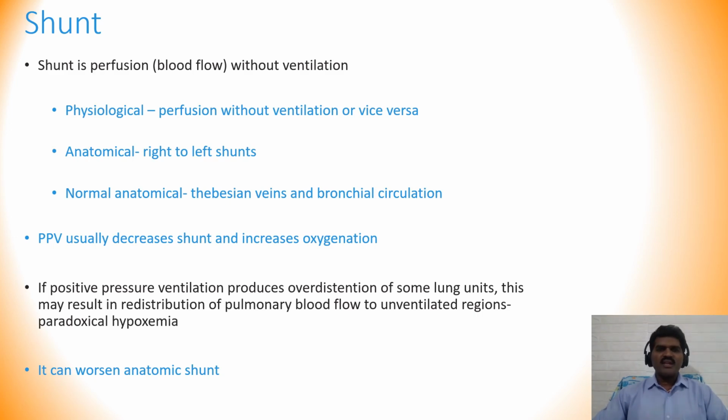If positive pressure ventilation produces overdistension of some lung units, this may result in redistribution of pulmonary blood flow to the unventilated regions, leading to a paradoxical hypoxemia when the patient is mechanically ventilated. So when the positive pressure applied is inappropriate, it can actually worsen the shunt.